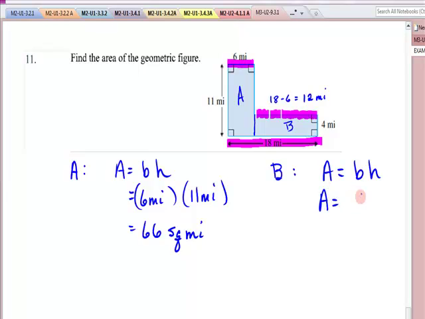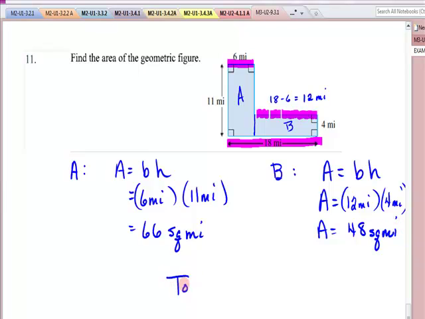So the area is, the length of the base is 12 miles. The height is 4 miles, which gives me 48 square miles.